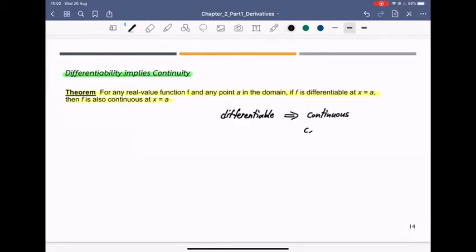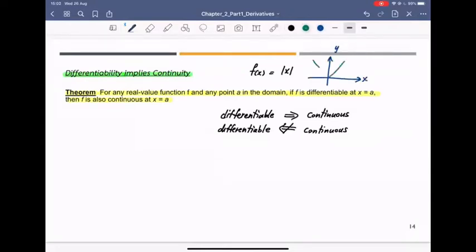But if you have a function that is continuous, it is not guaranteed that the function is differentiable. For example, if you have f(x) equal to absolute value of x, you can see that the function has a graph like this.